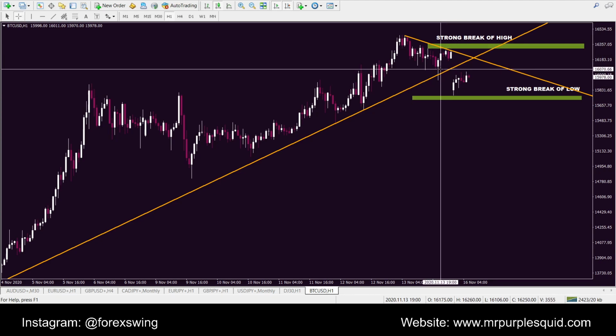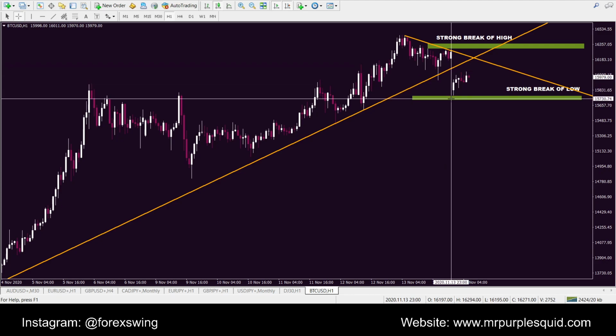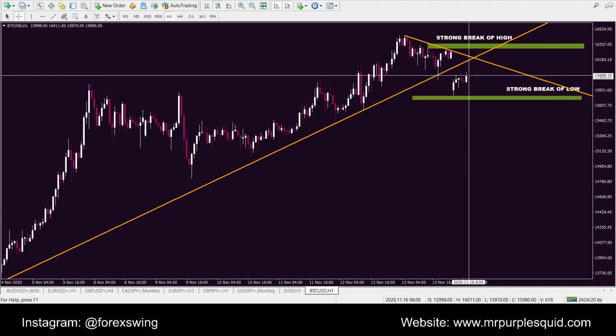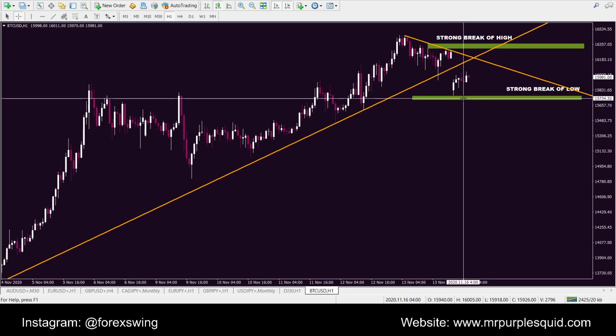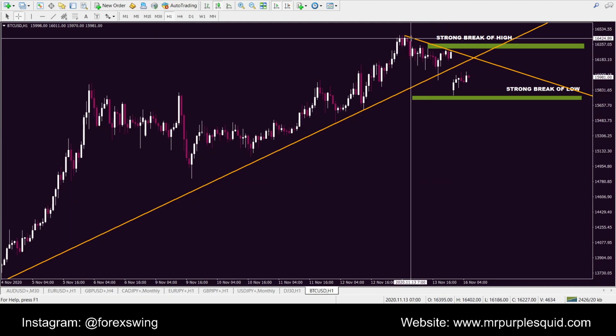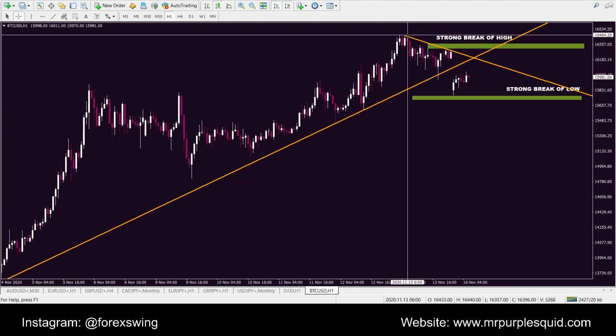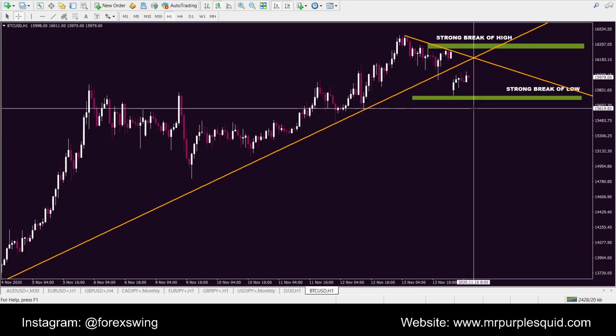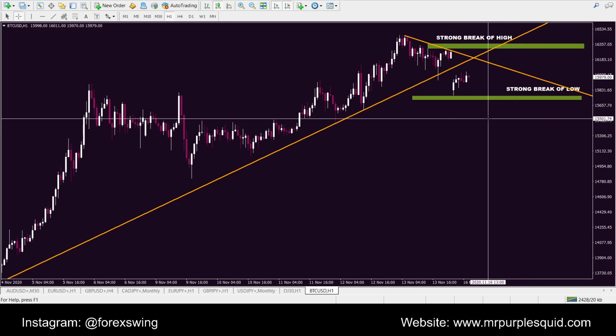This one broke the trend line, and if we get a break of this low, it would confirm that we are in a new leg of a bearish trend, meaning not the entire trend, but from this point would be bearish. So we'd have high, low, lower high, lower low, and then if we get a break below here, it would be a lower low.